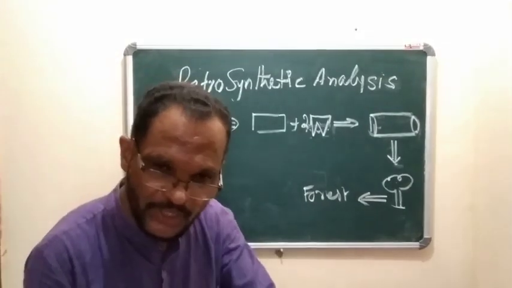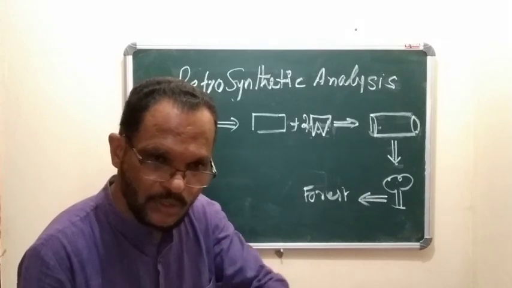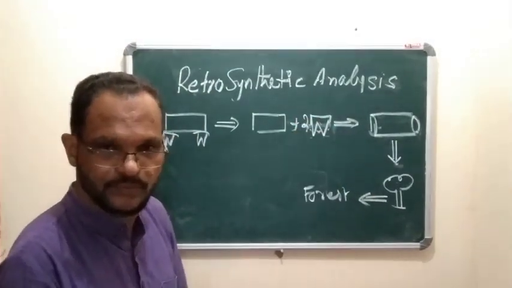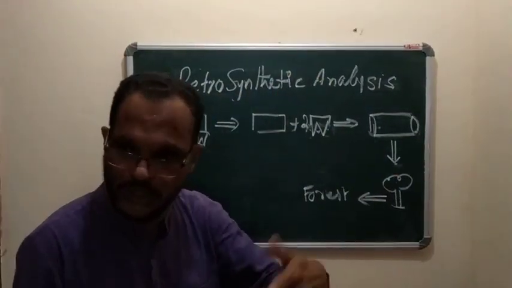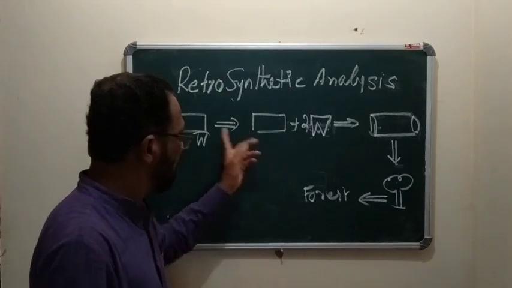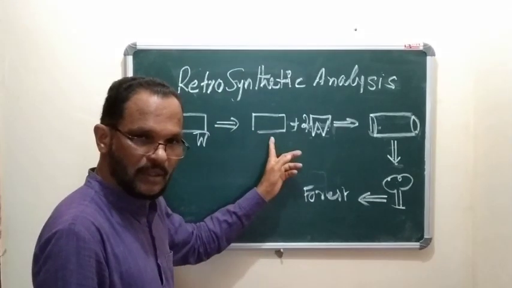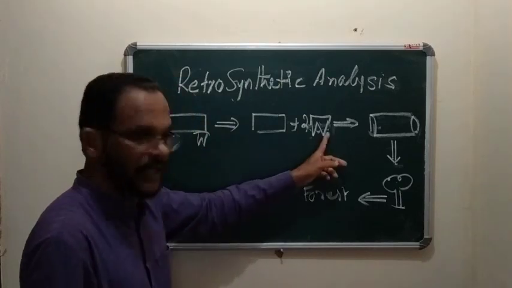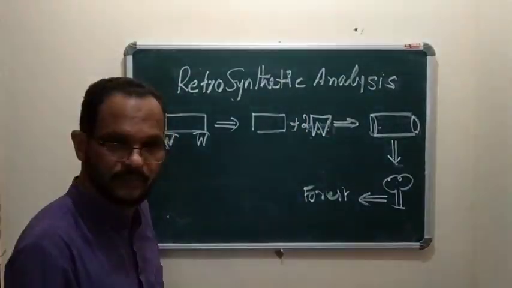In order to identify the components, we draw a structure of the bench on a blackboard, subject to retrosynthetic analysis or analysis part, where the bench is cleaved in this manner into two components.